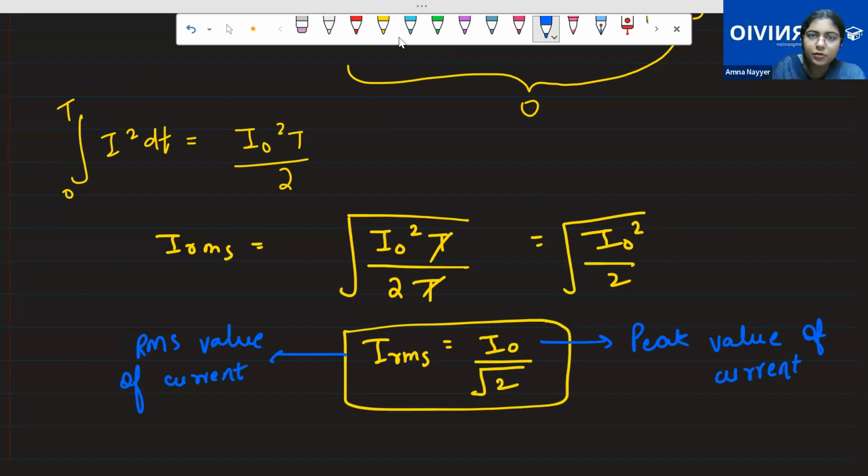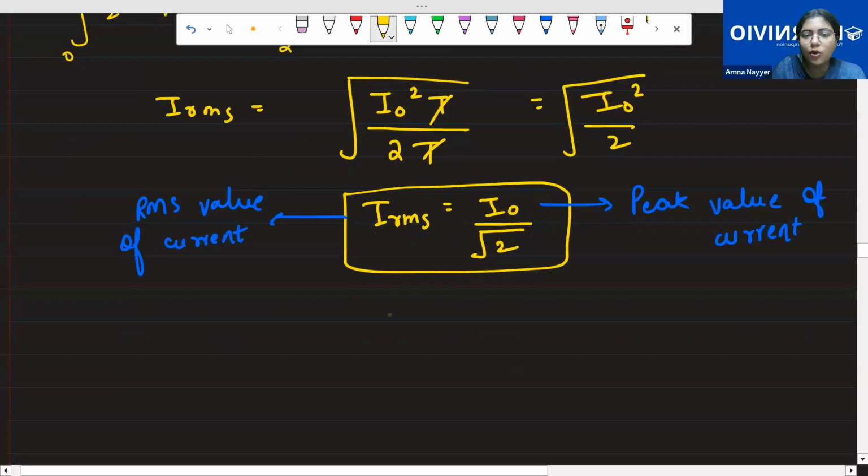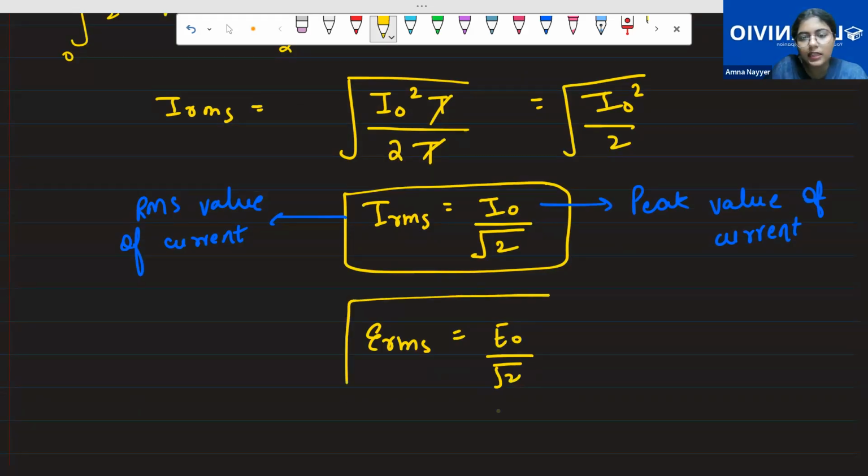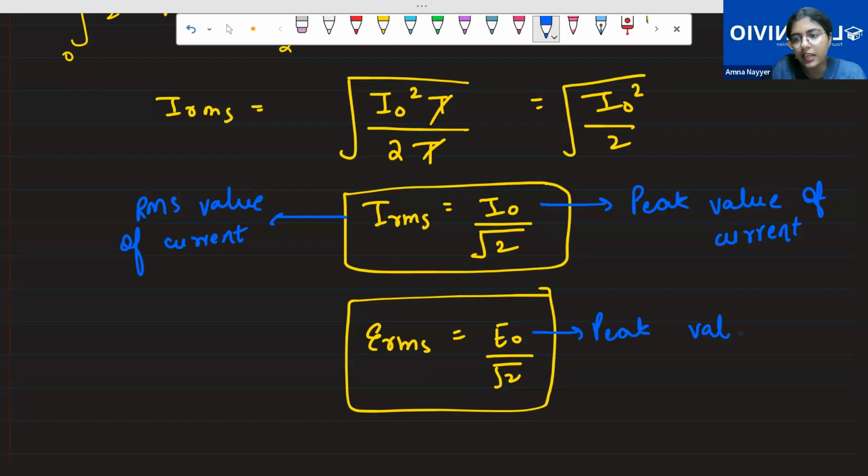Similarly, the same derivation you can perform and you will get the value of ERMS, which is equal to E naught divided by root 2. This is the peak value of EMF, while this is the RMS value of EMF.